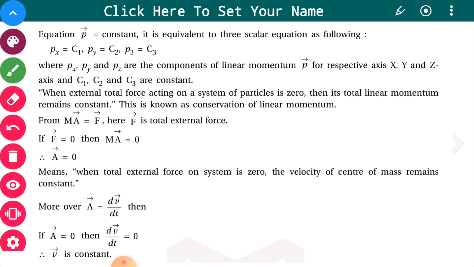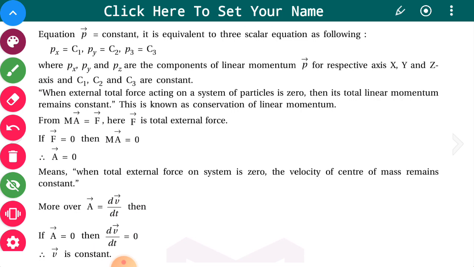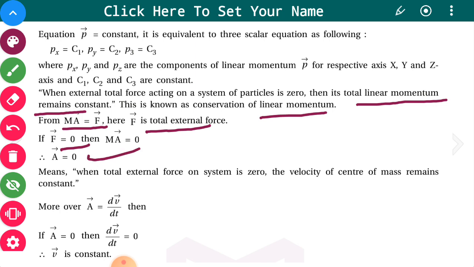When the total external force acting on the system of particles is 0, then the total linear momentum of the system remains constant. This is the law of conservation of momentum. If Ma is equal to F, and F is the external force, if F is 0, then what will happen? Mass cannot be 0, so acceleration is equal to 0. What does it mean? When the total external force on the system is 0, the velocity of the center of mass remains constant.